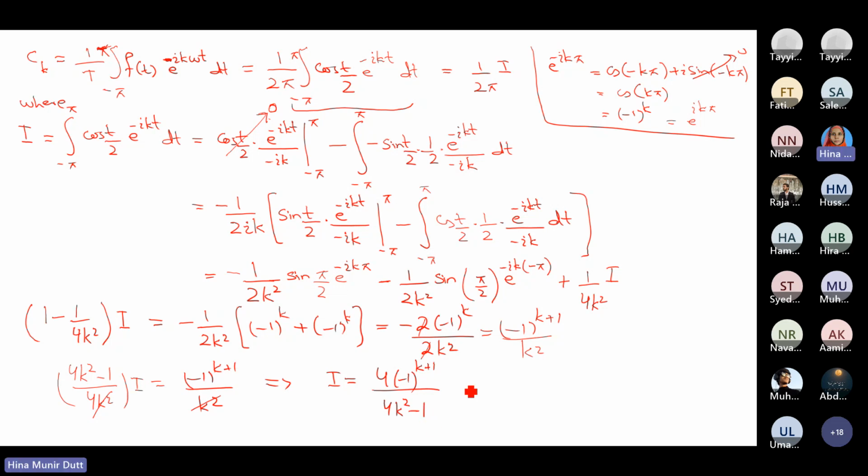And what is my ck then? ck is equal to 1 over 2 pi iota. So 1 over 2 pi, this I, not iota, 4 times, only 1 over 2 pi comes along, 4k square minus 1. So this becomes 2 into minus 1 to the power k plus 1 over 4k square minus 1. So this is my ck. And what is my Fourier series?